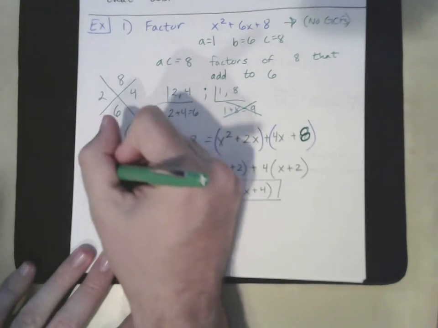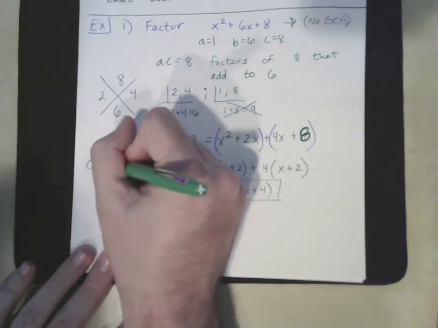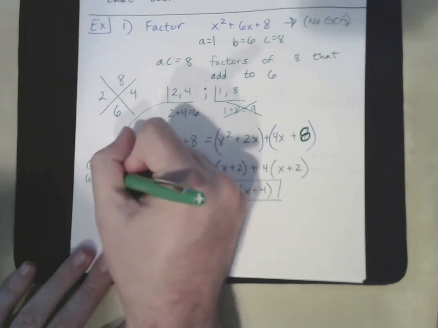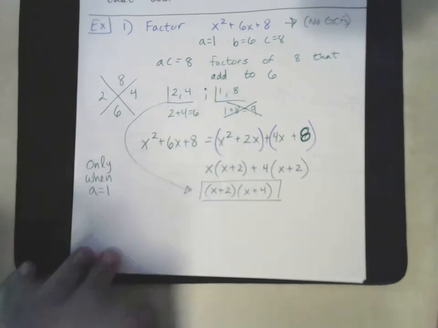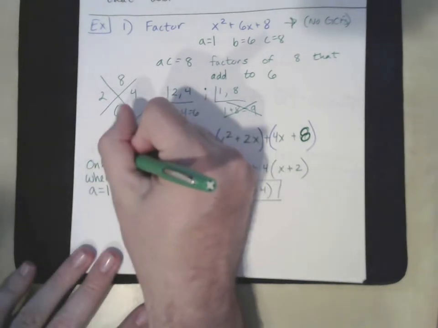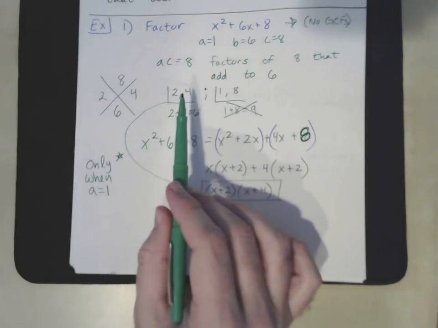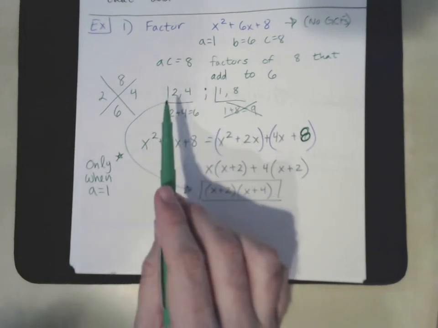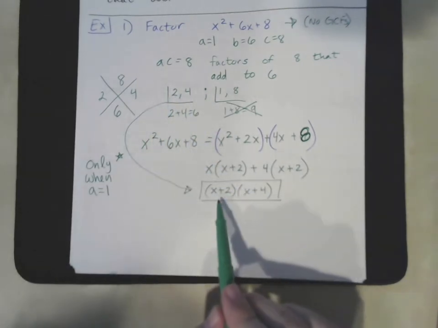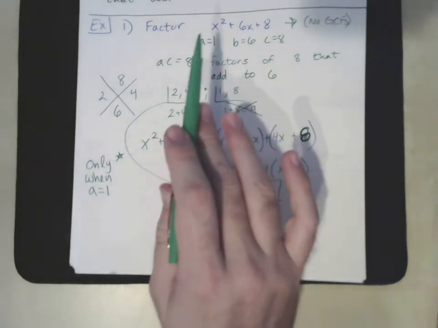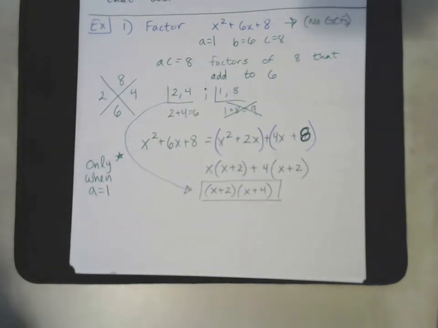But this is only when a equals 1. So this shortcut only works. You can take your two factors that you figure out in this step and jump straight to this final answer when your first coefficient, your leading coefficient, is 1. If it's not 1, it doesn't work, and we need to split the middle term and factor by grouping.